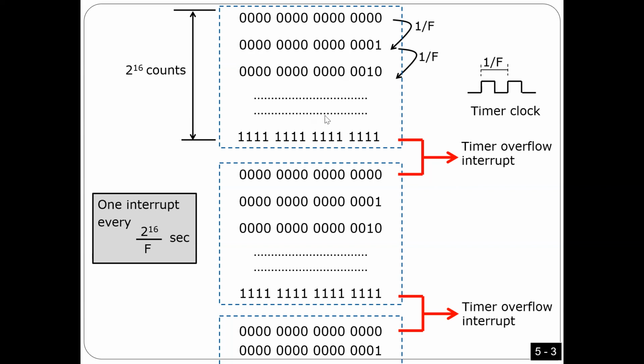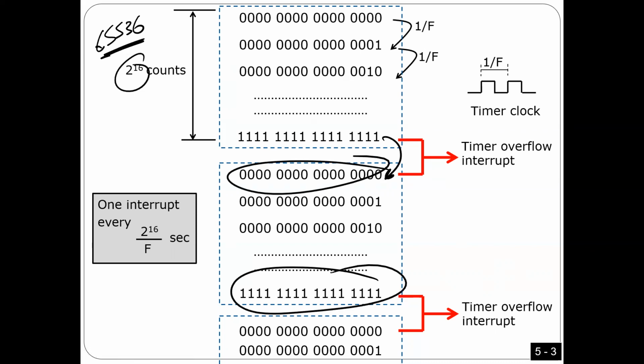So every clock the counter is incremented by 1, until all 1s. That is 2 to the 16 counts from 0, which is, as I said before, 65,536. After all 1s, when you increment by 1, you are going to get 0. It rolls back to 0 again, and counts again until all 1s.